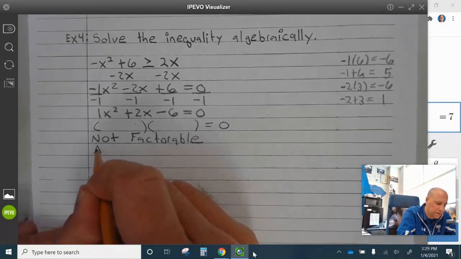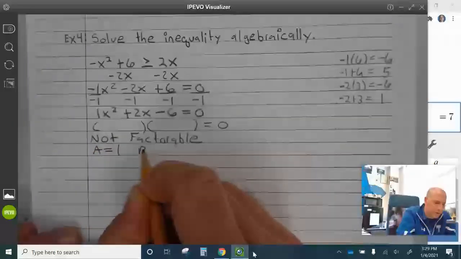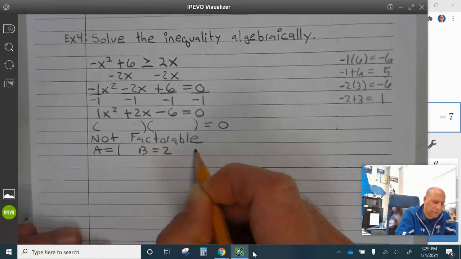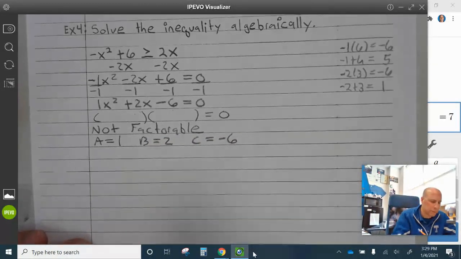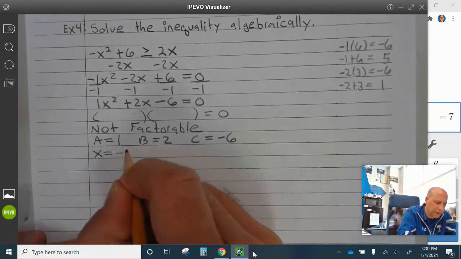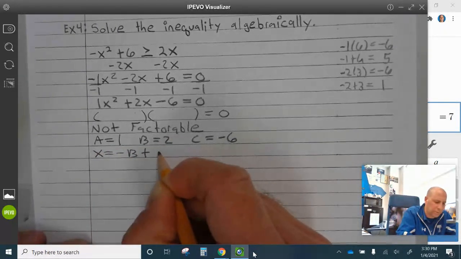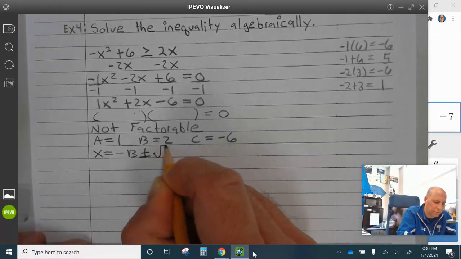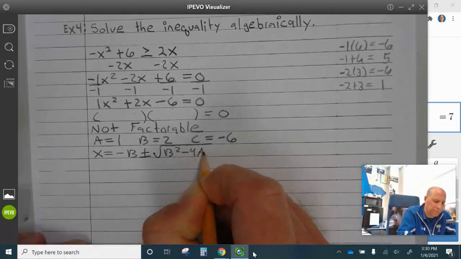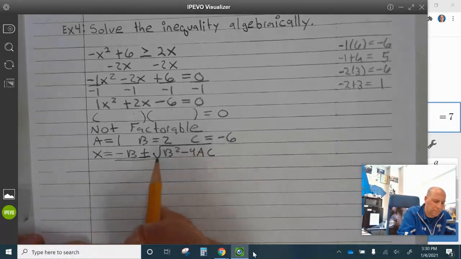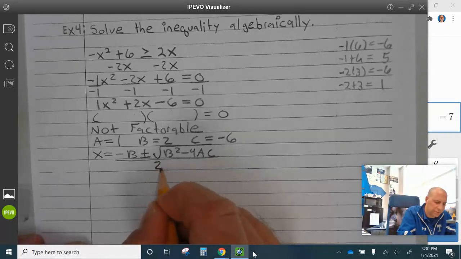So a equals 1, b equals 2, and c equals negative 6. Okay, the quadratic formula is x equals negative b plus or minus the square root of b squared minus 4ac, divided by 2a.